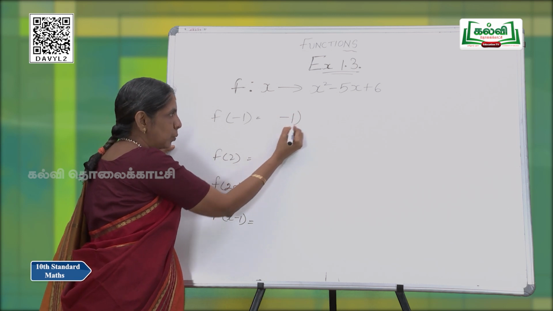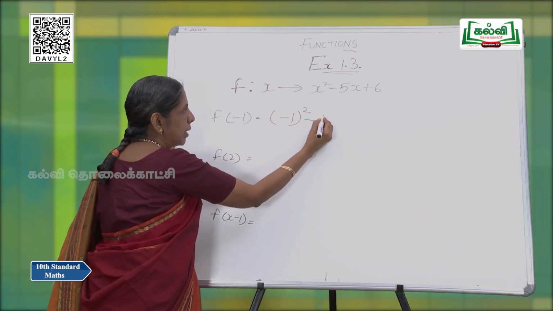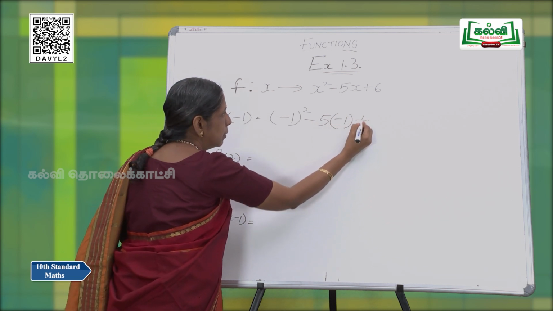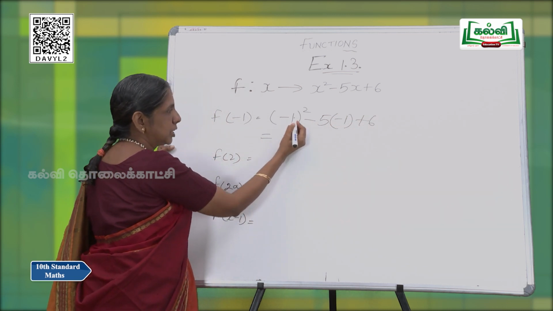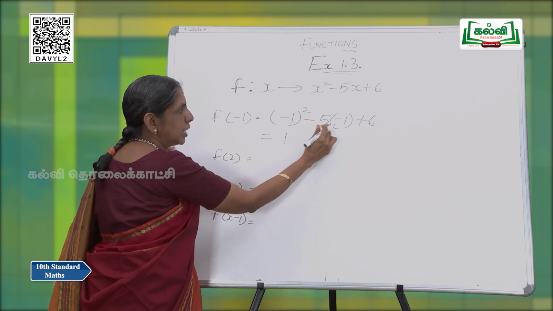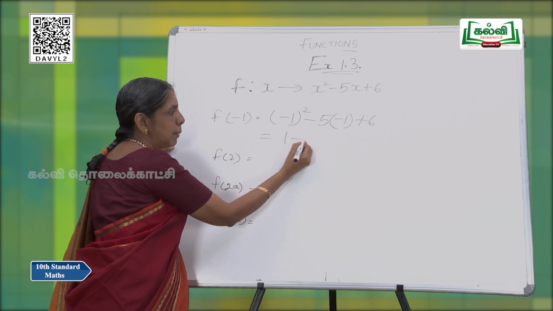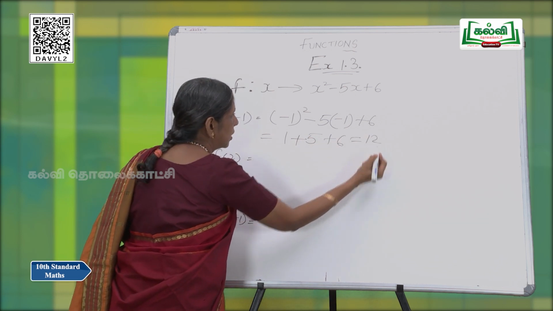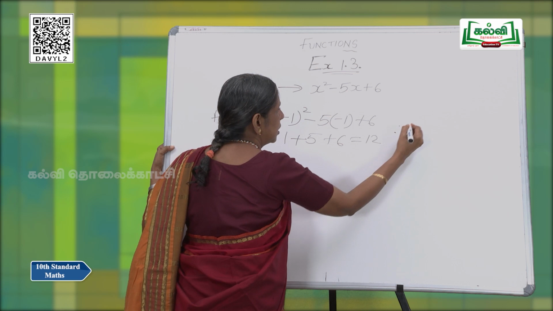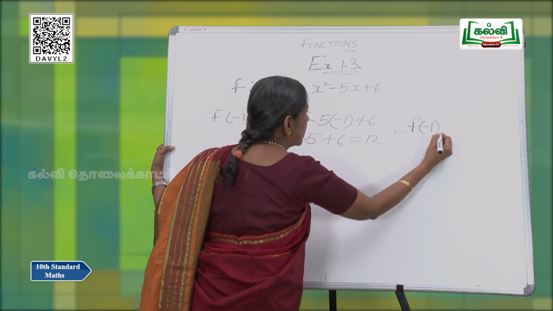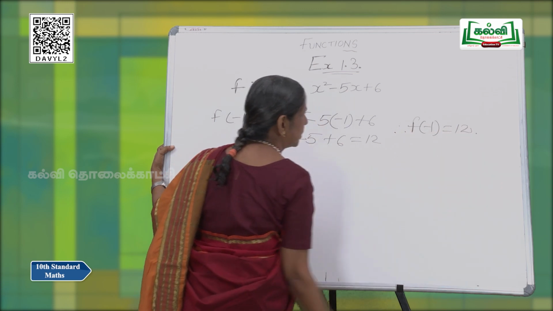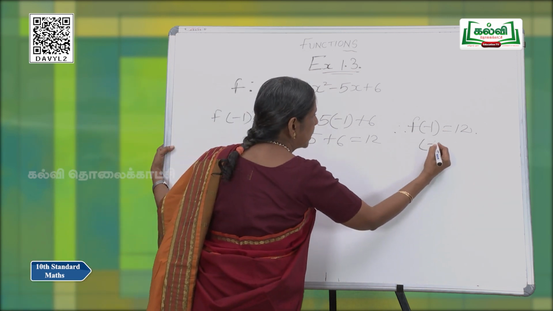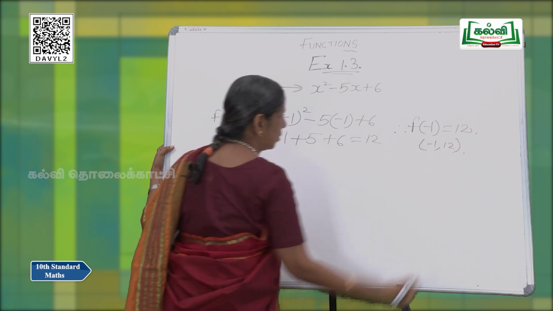So, minus 1 squared minus 5 times minus 1 plus 6. Minus 1 squared is 1, minus 5 into minus 1 is plus 5, plus 6. So, it is equal to 12. Therefore, f of minus 1 is equal to 12. We got the answer. Or you can write it as (minus 1, 12), that is one ordered pair.